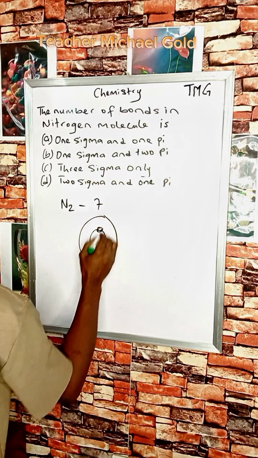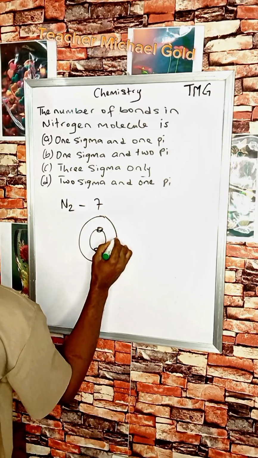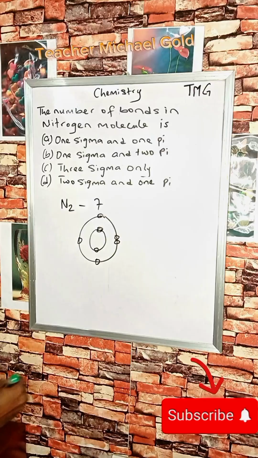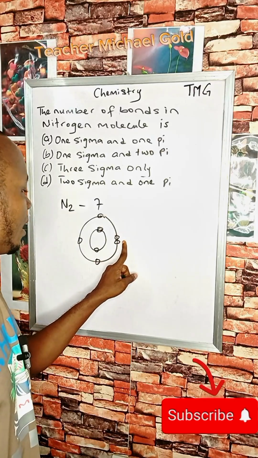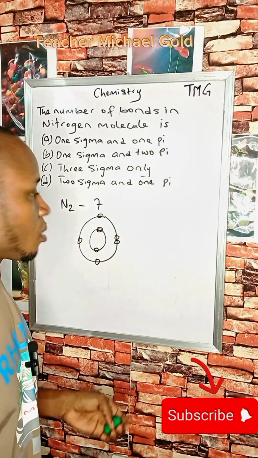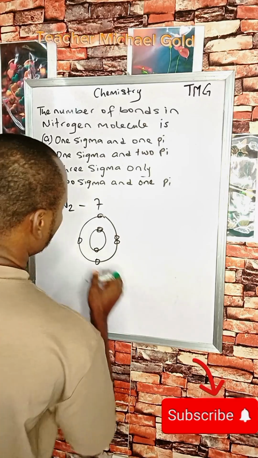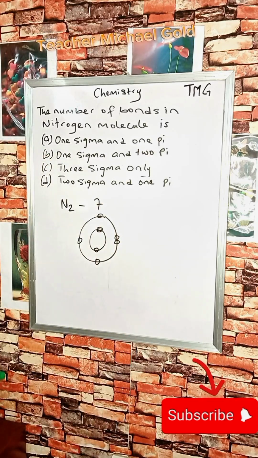Then the other shell has 5 electrons, so there is a pair and other single electrons on the orbitals. So this makes up the atomic number 7 of nitrogen.